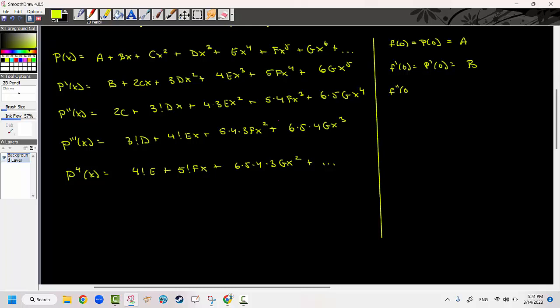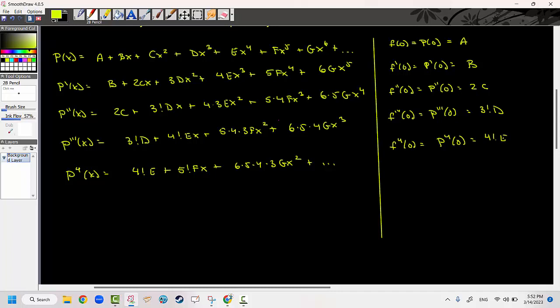F double prime of 0 equals p double prime of 0, and that equals 2c. F triple prime of 0 equals p triple prime of 0, and that's going to equal 3 factorial d, and f fourth derivative at 0 equals p fourth derivative at 0, and that equals 4 factorial e, and so on and so forth.